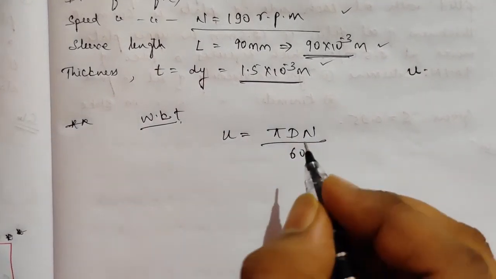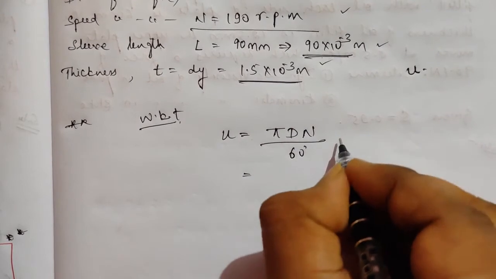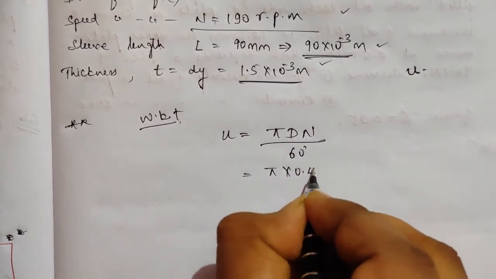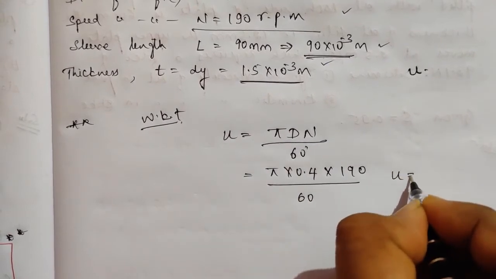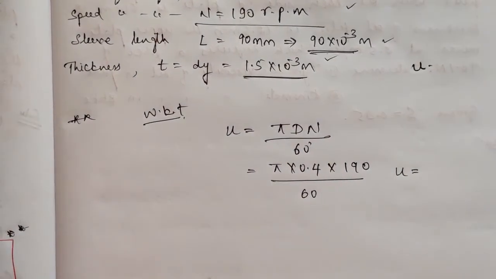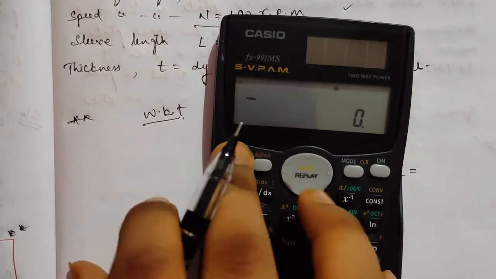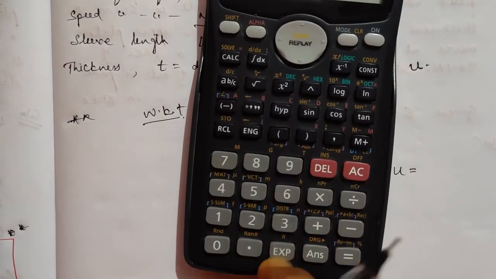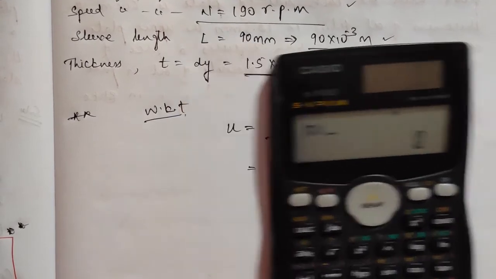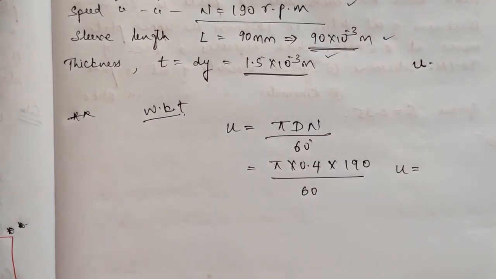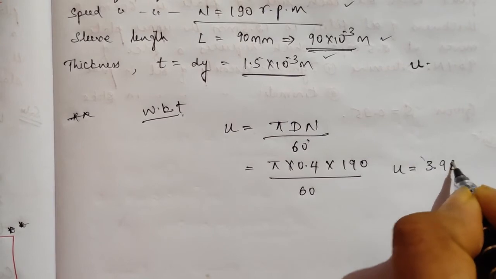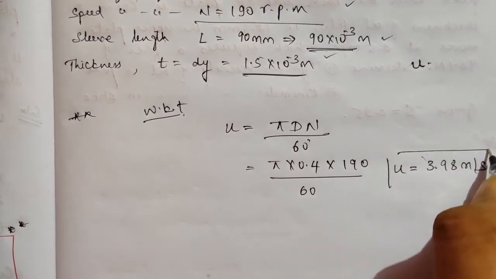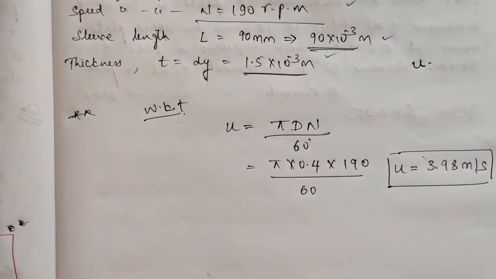So whenever I solve, π into D, which is 0.4, into N, which is 190, divided by 60, the value of u will be, so how to write pi, press Shift and exponential and pi is typed, into 0.4 into 190 divided by 60, it is 3.98 meter per second.